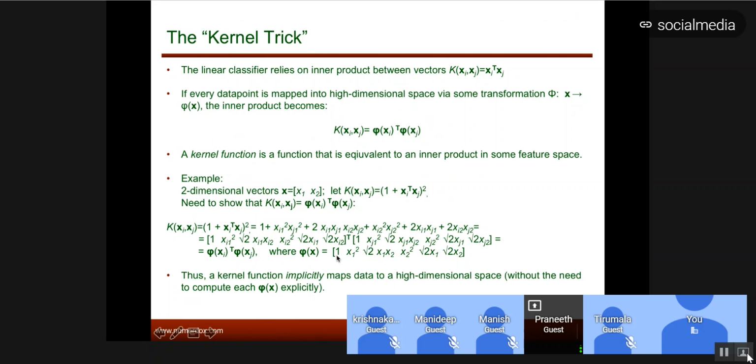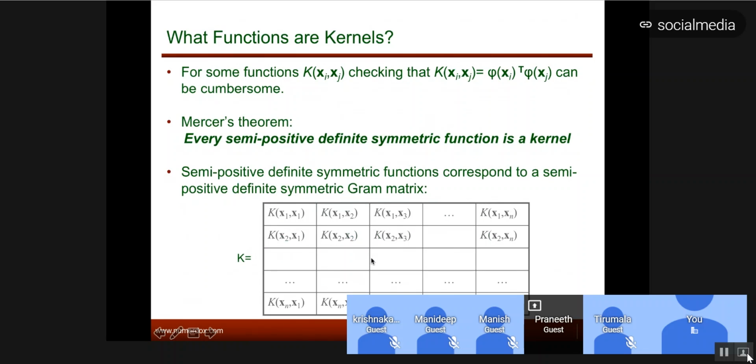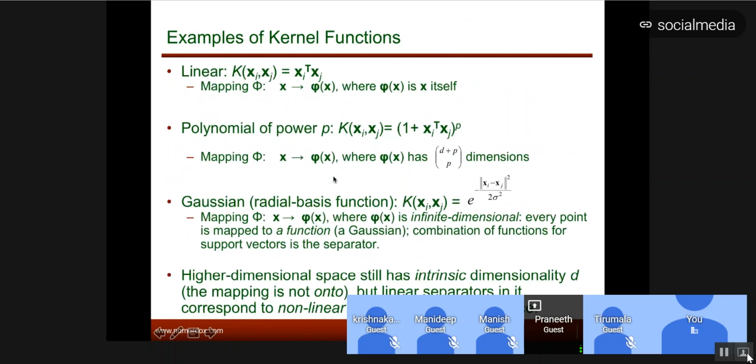One could be a function of this kind, where you're using square roots and products and squares, different powers. Or you could use a phi that looks like this. So this is another example of a kernel function. Linear is not doing anything, so phi of x is x itself. So you have the xi transpose xj in terms of a kernel.